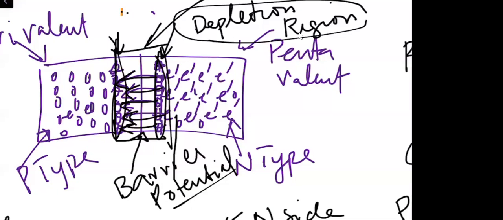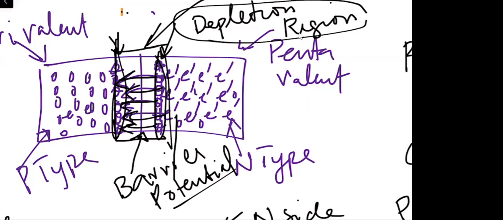Whenever we have the crystal lattice, when we dope trivalent impurity on one side and pentavalent impurity on the other side, we are creating the p side on one side and the n type on the other side of the crystal lattice.